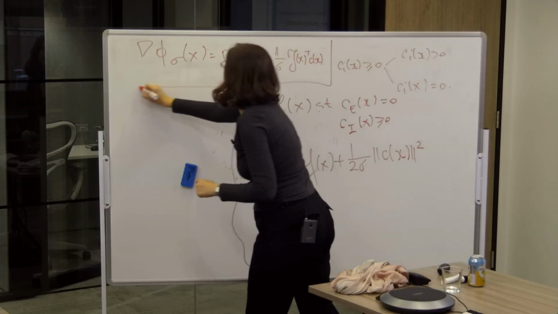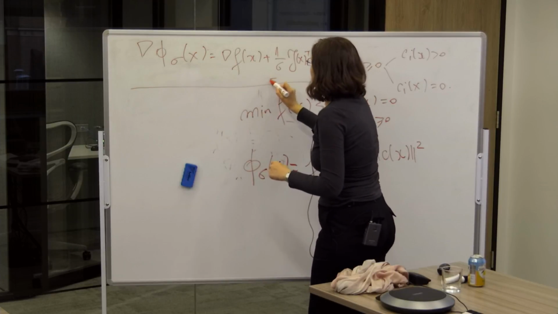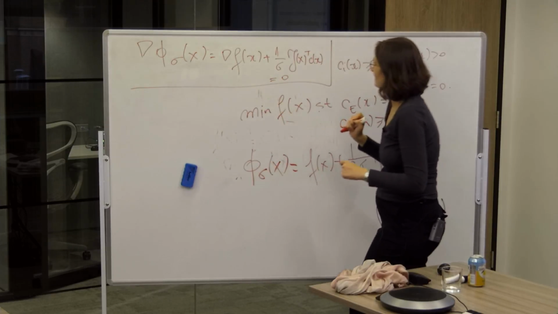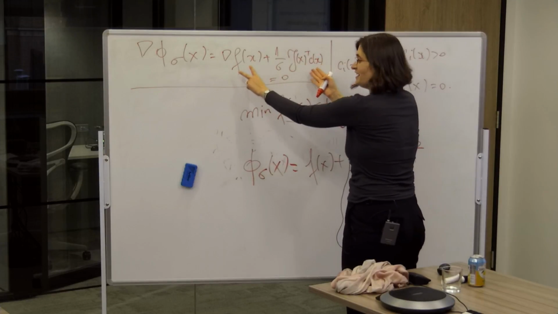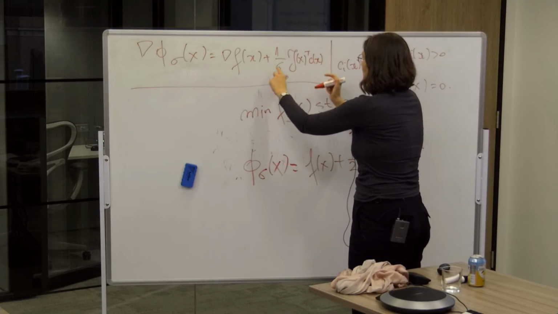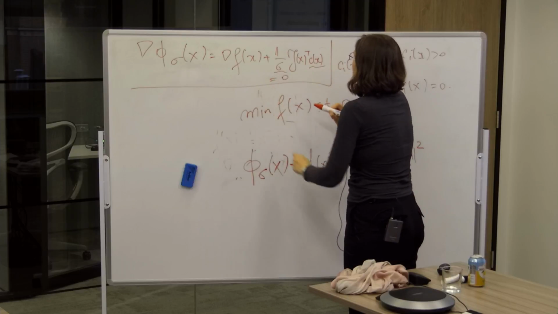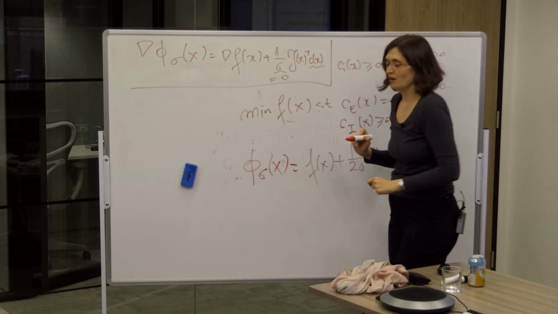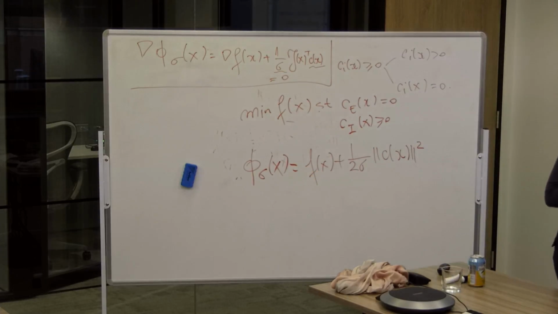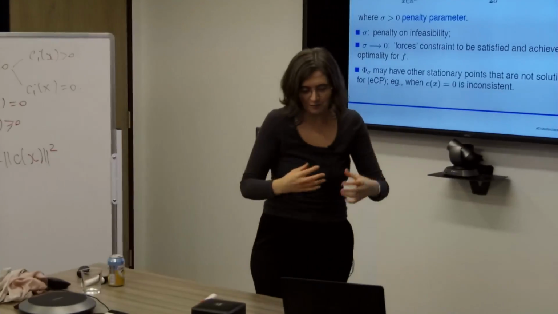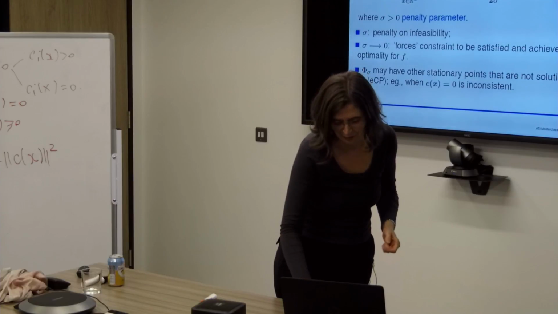So essentially, when I compute a stationary point of my penalty, this corresponds to the KKT conditions for my problem with a certain estimate, minus c over sigma, of the Lagrange multipliers. So there is an even algebraic correspondence that way, but we'll see more in a moment.